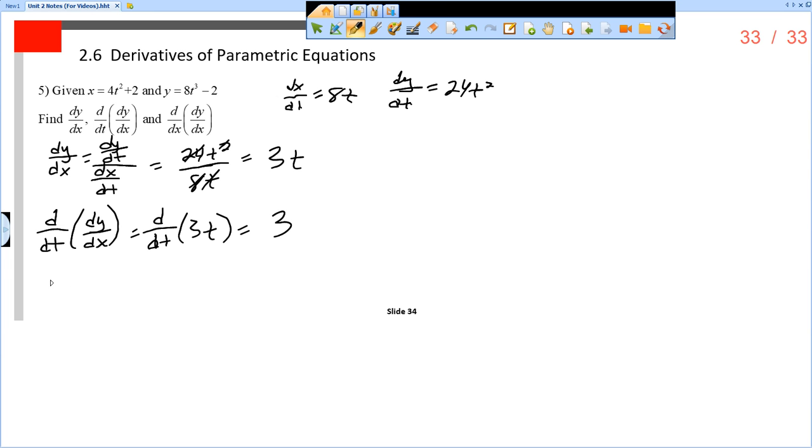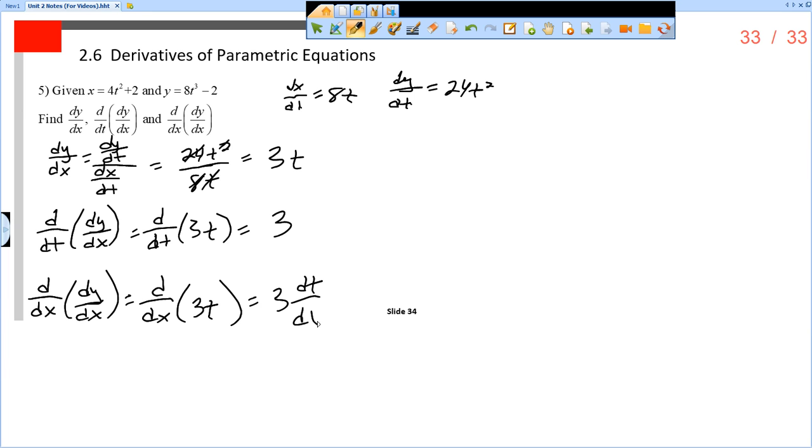Now we want to think, what is d dx of dy dx? How does that differ? Now I'm taking the derivative with respect to x of 3t. I have a t inside, but I'm taking the derivative with respect to x, so you have to realize that t is actually a function of x. When I take the derivative of 3t with respect to x, I get 3, but then you have to multiply by the derivative of t with respect to x.